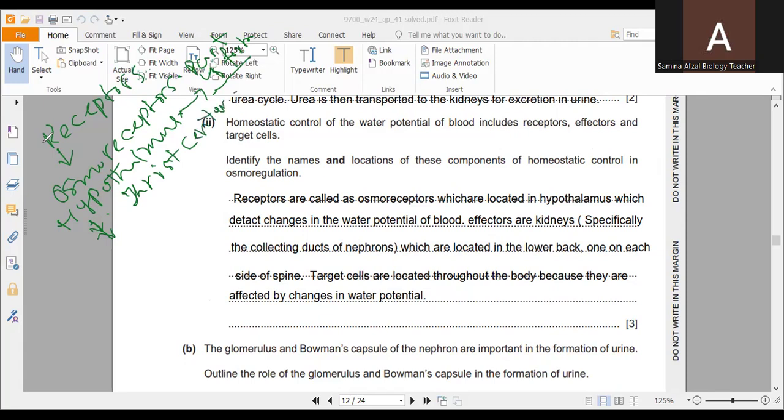And second, after these receptors, there are effectors. We can say that the effectors are the kidneys, and especially the part of the kidneys called the collecting ducts.